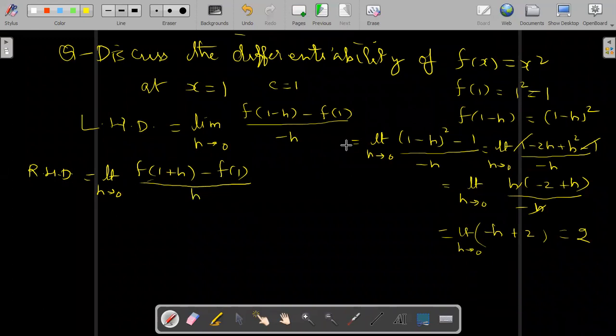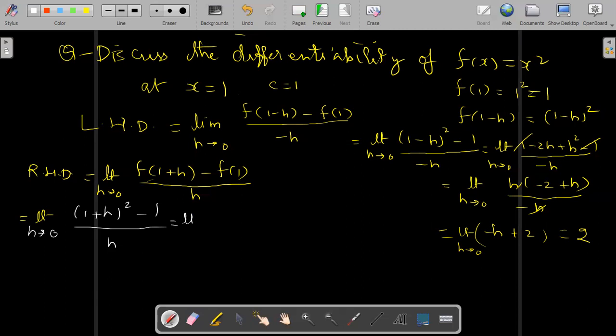So limit h tending to 0, f(1 plus h) means (1 plus h) whole square as per the definition of the function, and the value of f(1) is 1, divided by h.